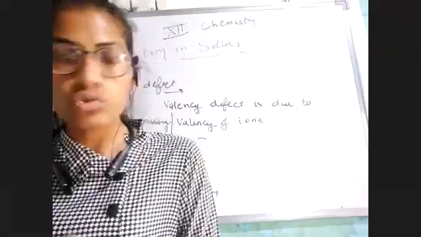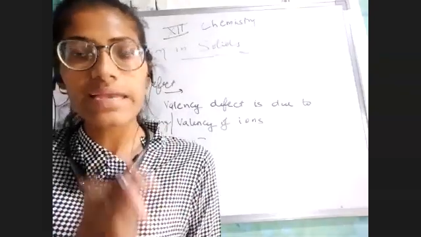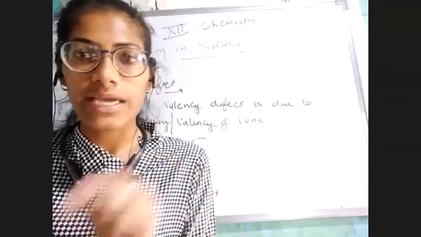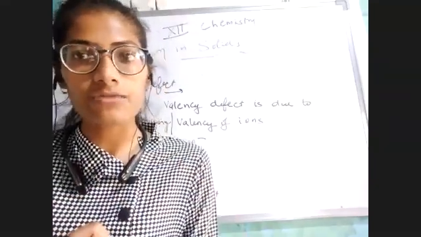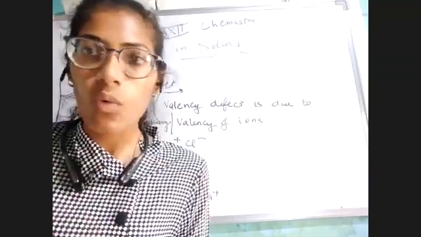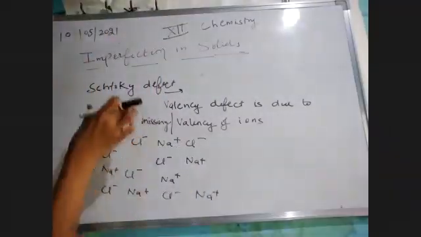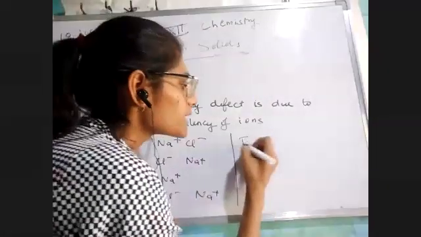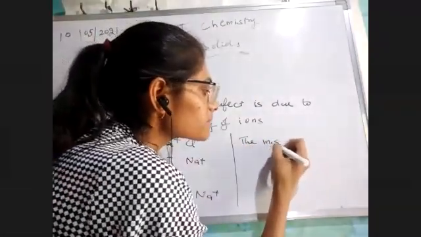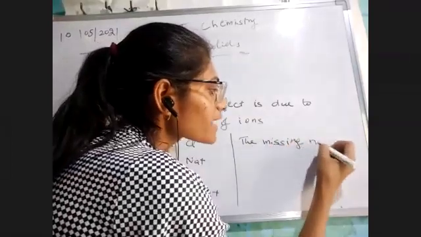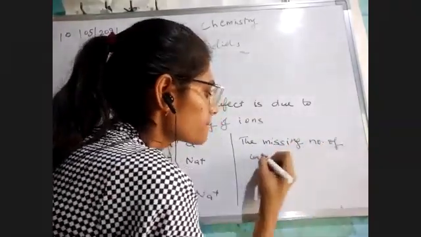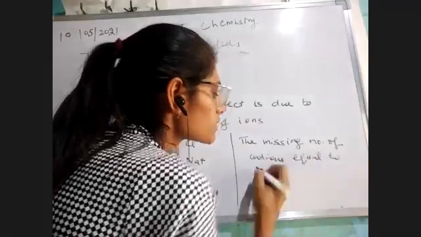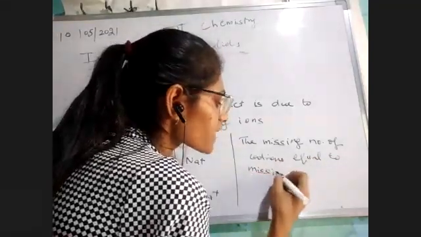We have two different types of ions, a cation and an anion. A cation is the ion with positive charge, and an anion is the ion with negative charge. That you already know very well. I am saying that the Schottky defect arises when the number of missing cations is equal to the number of missing anions.